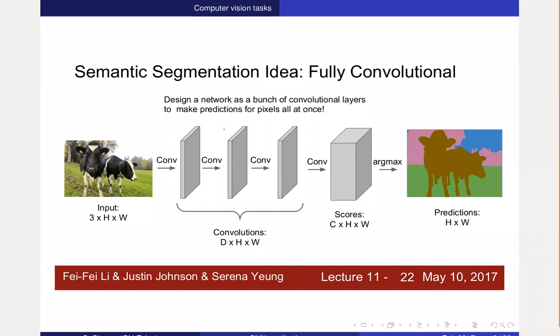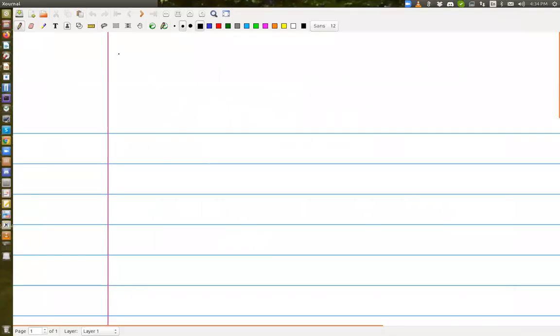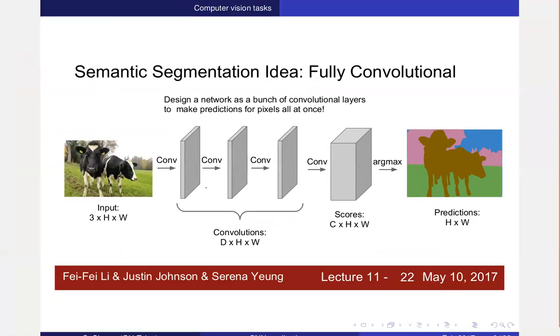So we have layers of convolutions, and near the end, another convolution where the number of filters equals the number of classes.